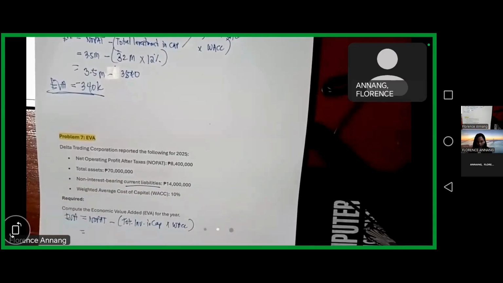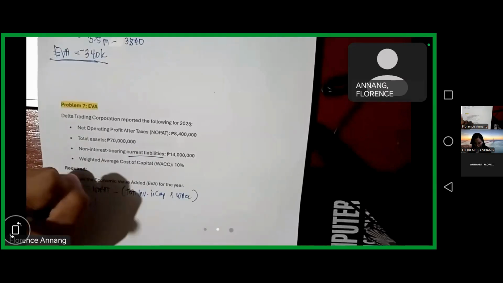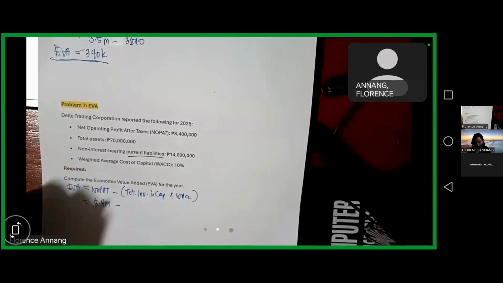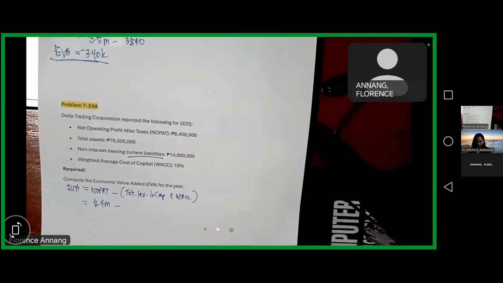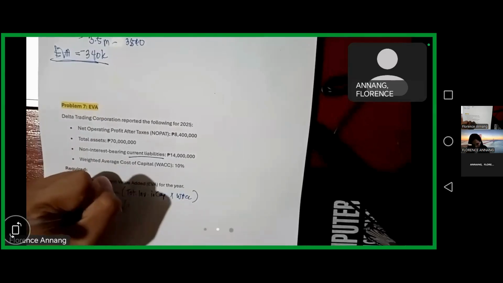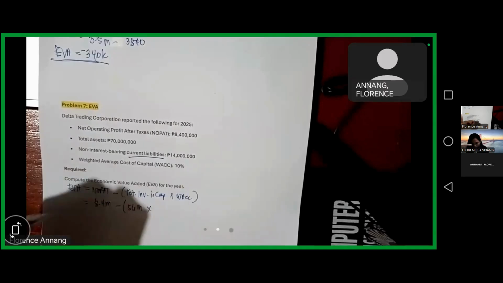How much is the NOPAT? It's 8.4 million. Less ang total investment in capital natin na how much? That's total asset less your current liability. 70 million less 14 million, 56 million times your WACC na 10%.